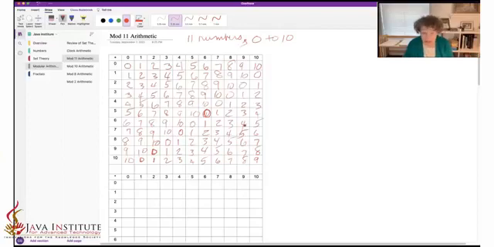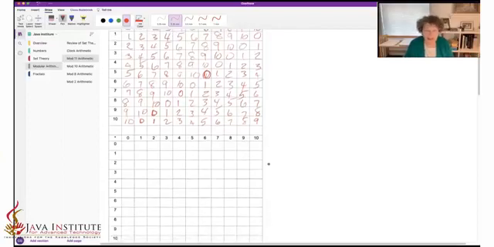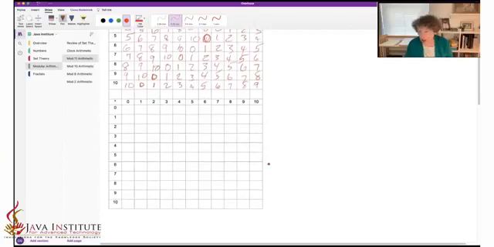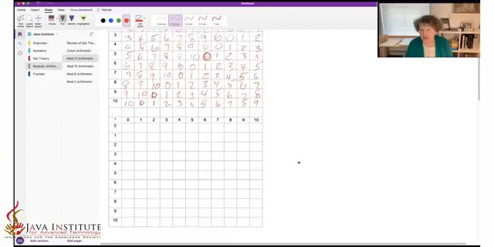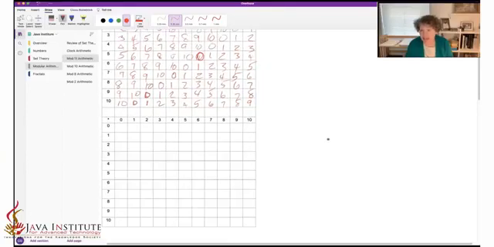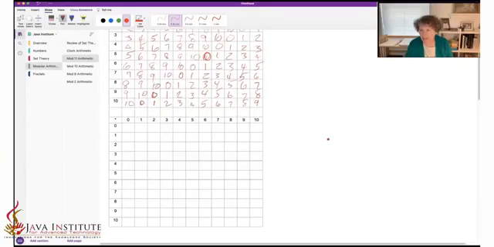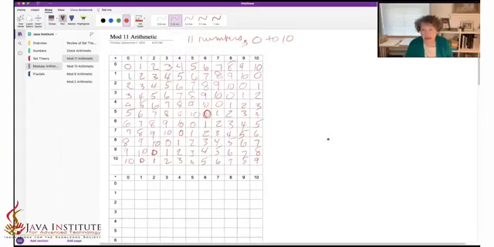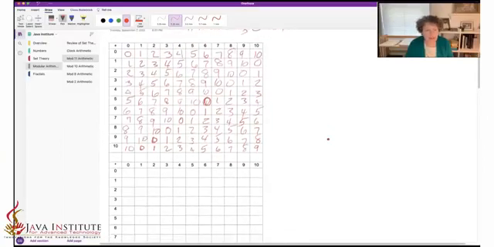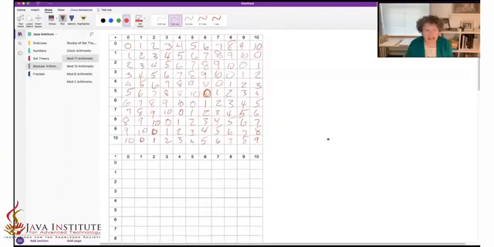Okay, now the multiplication. Remember with mod 12, we said if we have, yes, somebody's saying again, we can see the diagonal. Okay, we see the diagonal pattern again. Exactly.